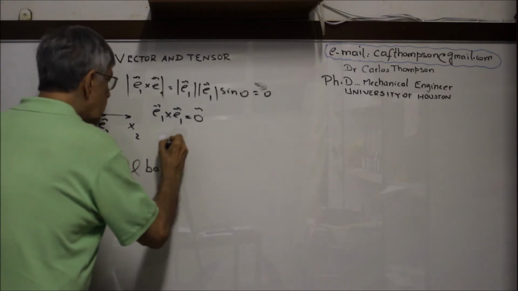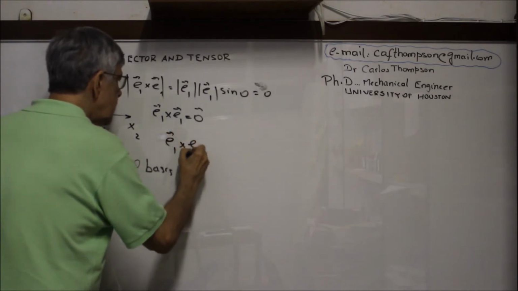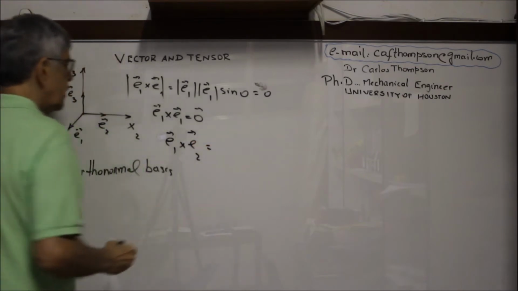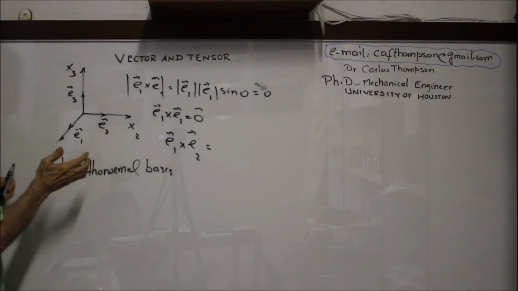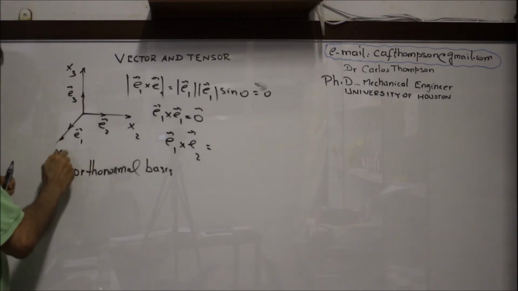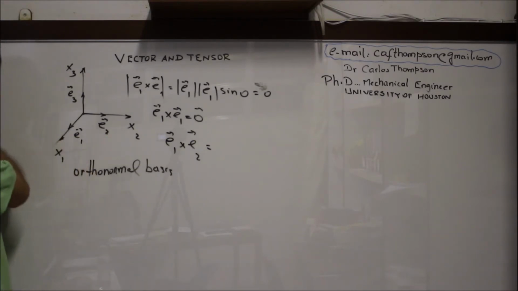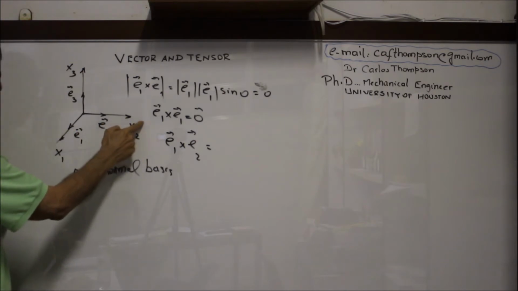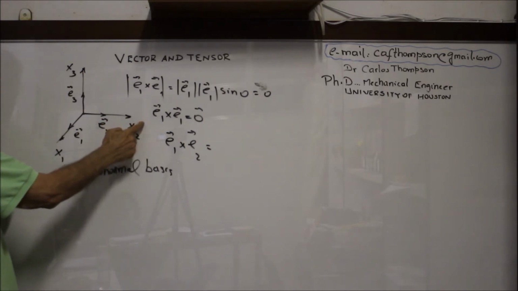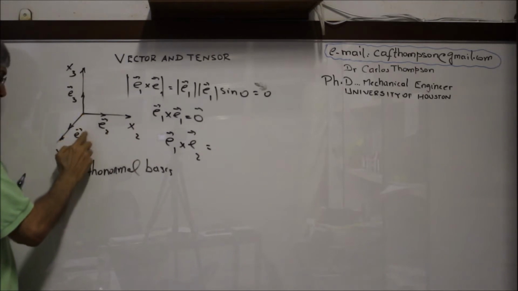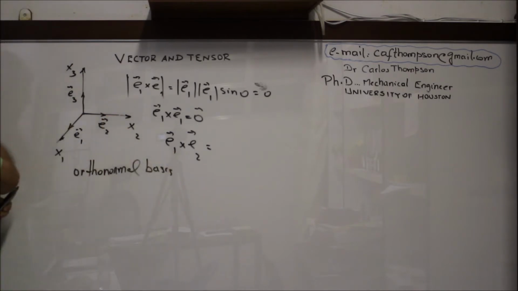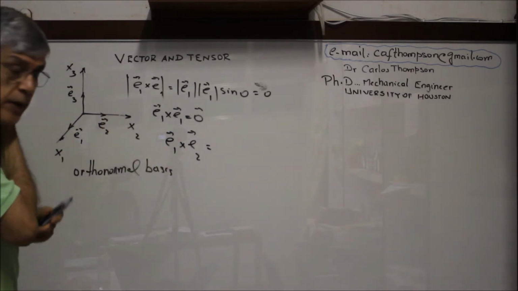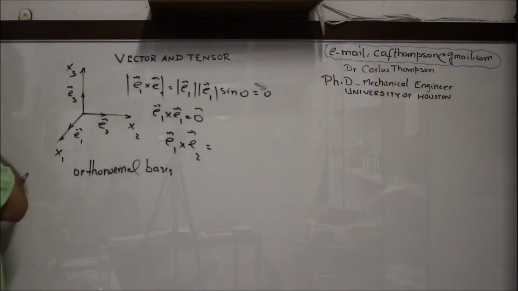Now, E1 cross E2. E1 and E2 lie in the x1, x2 plane. So for sure, the cross product will be perpendicular to this plane, according to the geometrical definition of cross product.